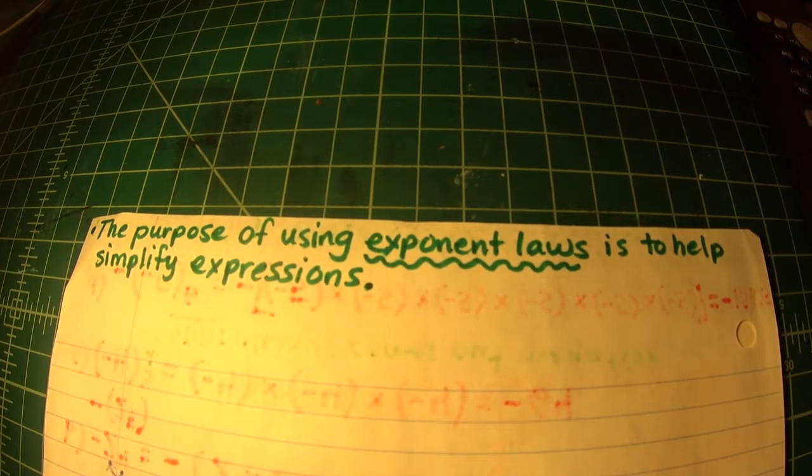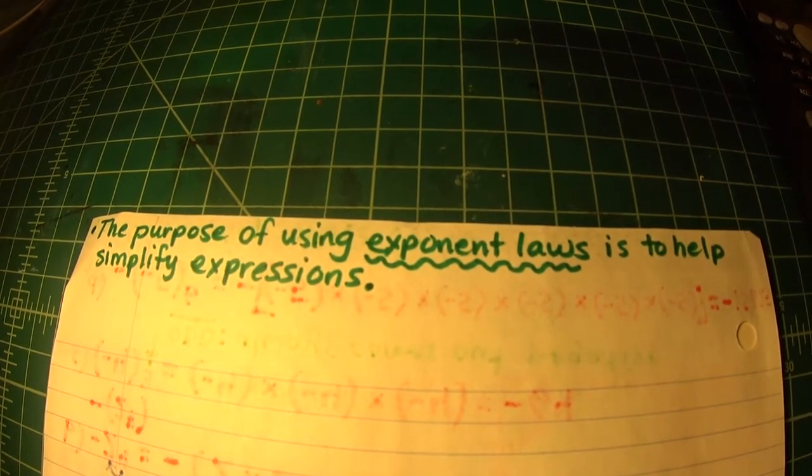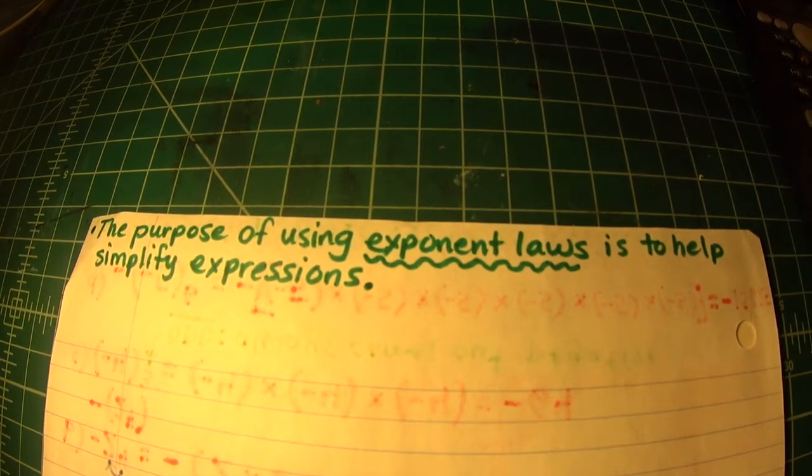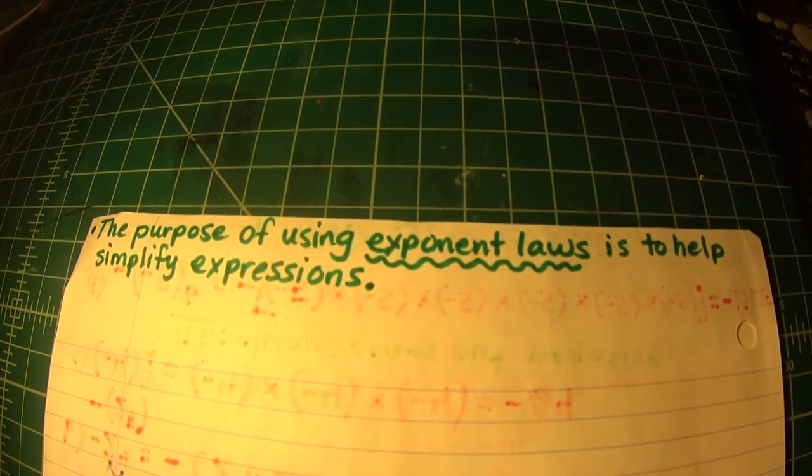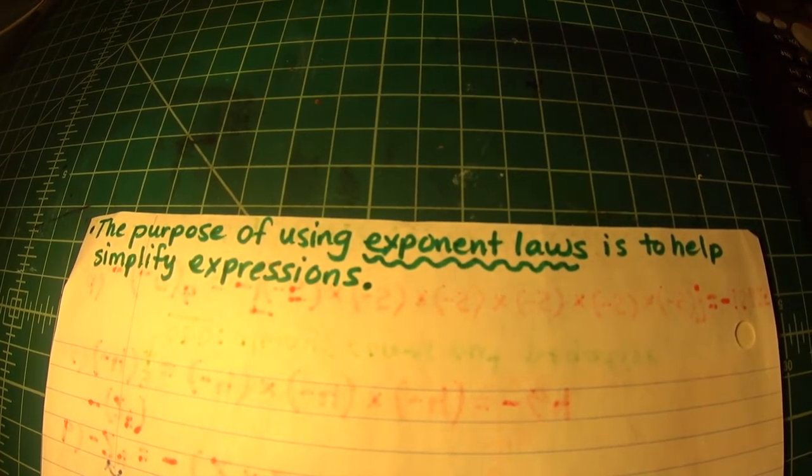So, getting right into it, for the first exponent law that we're going to look at today, this law can be applied when you encounter expressions where you're being asked to multiply powers with the same base. So, let's take a look here.